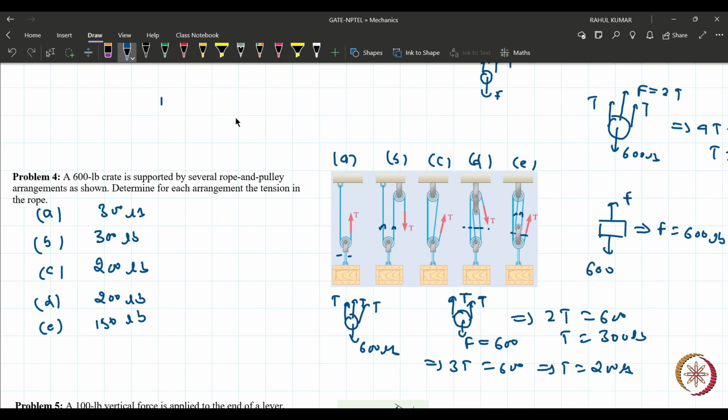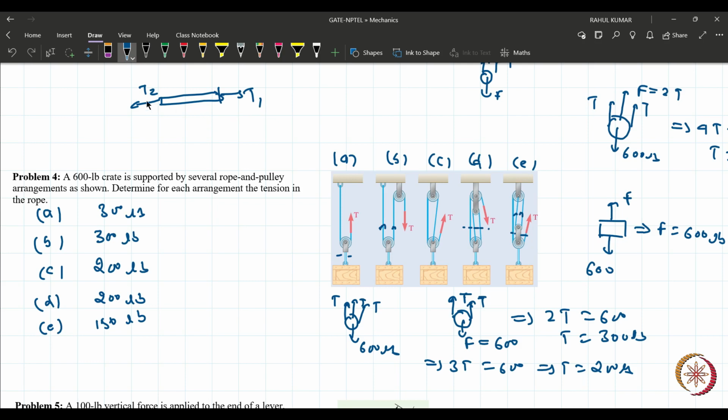And if it has a mass, suppose the tensions are T1 and T2, here is T1, here is T2. If it has a mass and it is extending, then definitely there will be an acceleration.